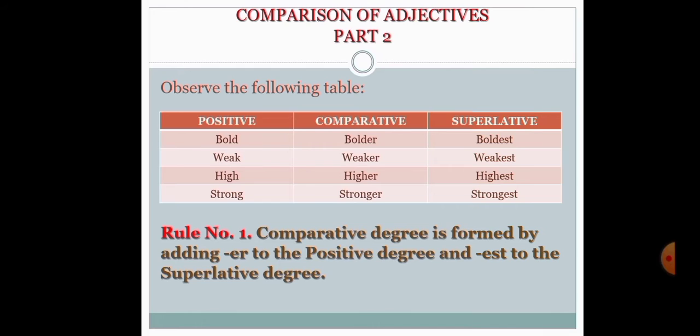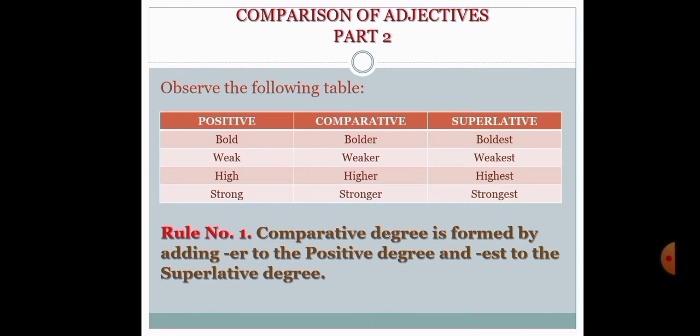Now if you see, all the words have er in the comparative as suffix, est as suffix for superlative. Okay, so what is rule number 1 saying? Comparative degree is formed by adding er to the positive degree and est to the superlative degree.